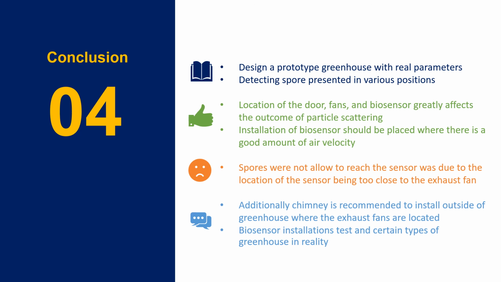To eliminate the effect of both ventilation and exhaust fan, an additional chimney is recommended to be installed outside of the greenhouse where the exhaust fans are located, forcing the air to flow towards the sensor device in the chimney before letting the air out.